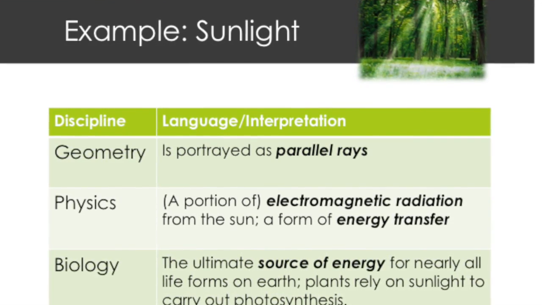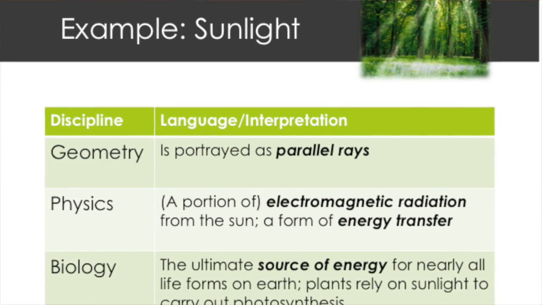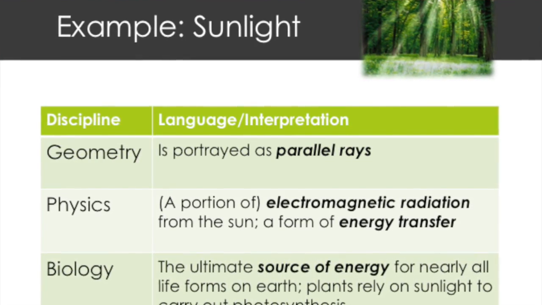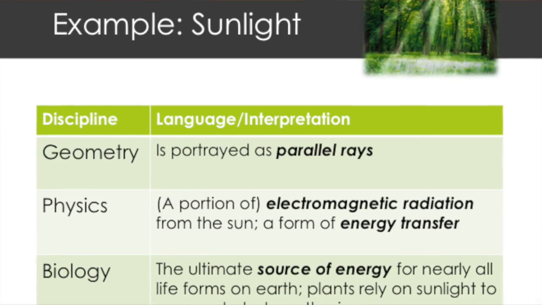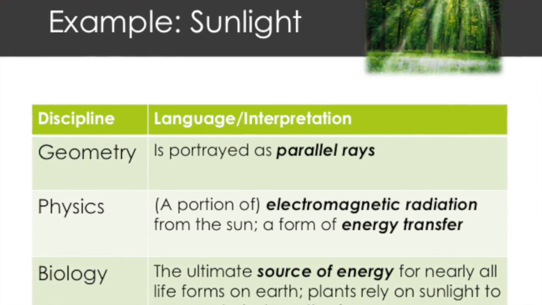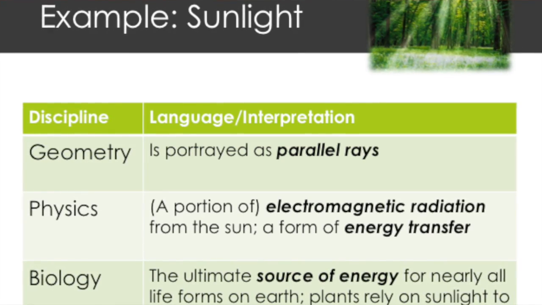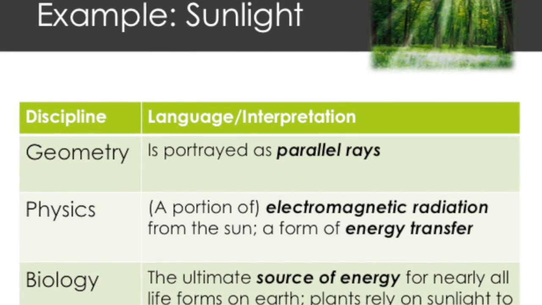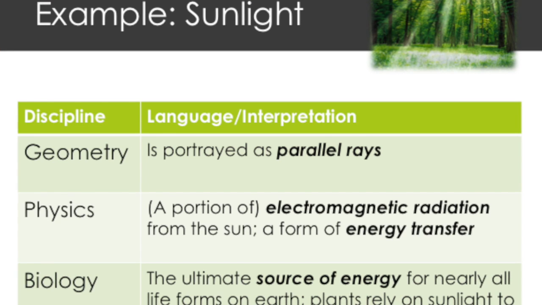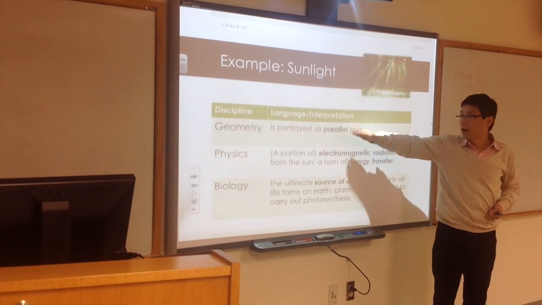If you want to add the disciplinary layer, the content layer, in geometry, as I mentioned, parallel rays. Again, when sunlight hits the surface of the earth, okay, that's an approximation. That's a good model to model sunlight. Why parallel rays?